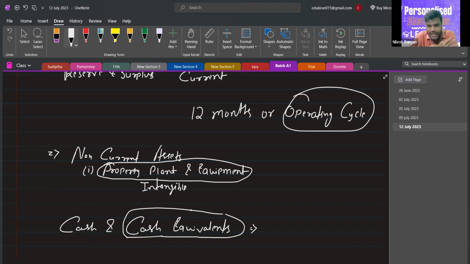It includes cash. Yes, sir. So is it like gold or something else which is equivalent to cash? Gold, or anything which we can convert to cash? Yes. Anything which we can convert into cash readily, meaning in no time.